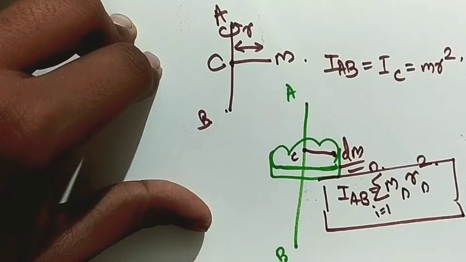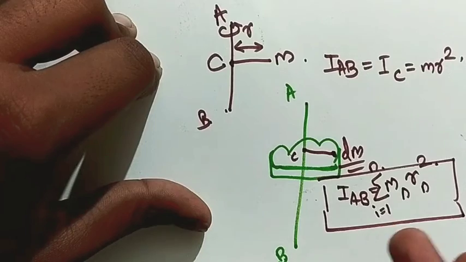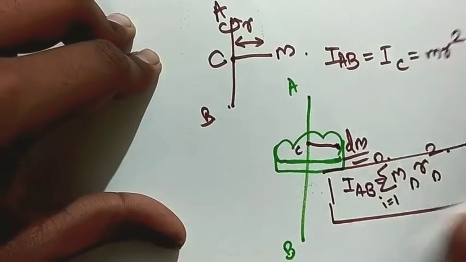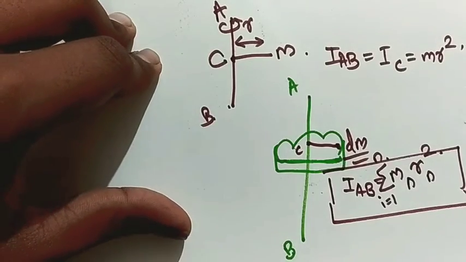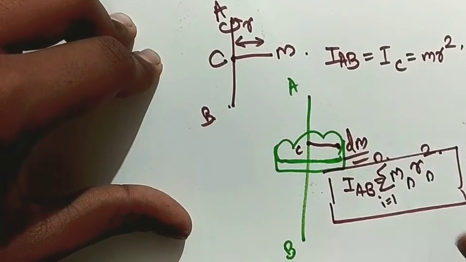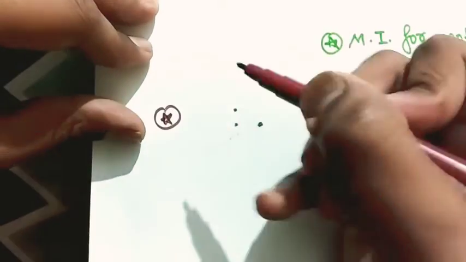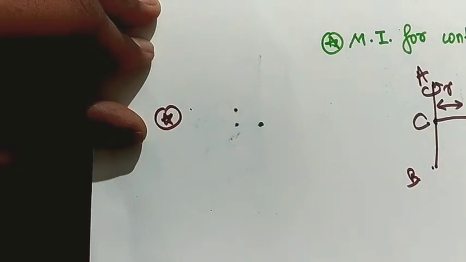But it is not possible to calculate them individually, one by one. So that's why we use a calculus operation, which is integration. By the use of integration, we calculate the total moment of inertia of a continuous mass.